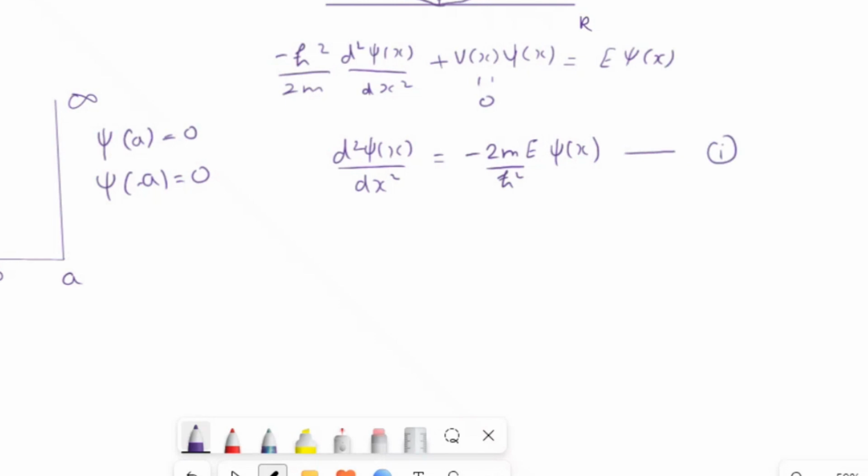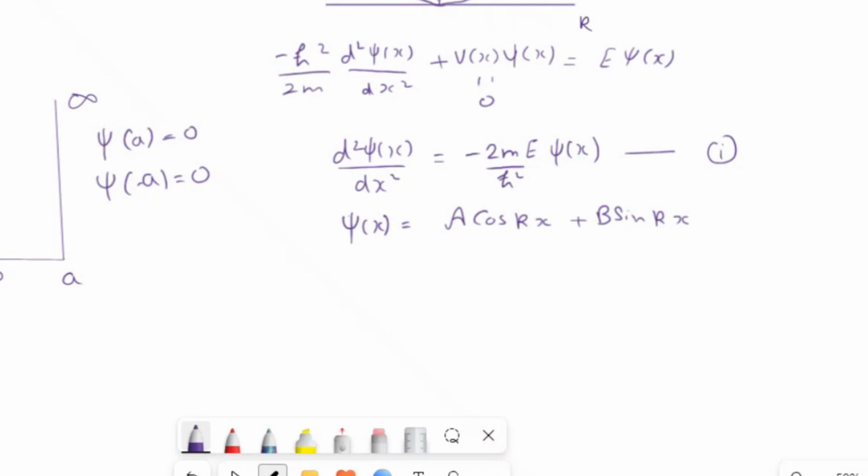Again, the solution of this kind of equation, where double differentiation gives back the function itself, will be of trigonometric form: A cos kx plus B sin kx.